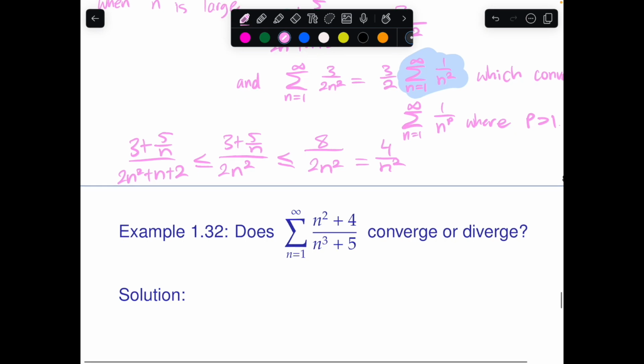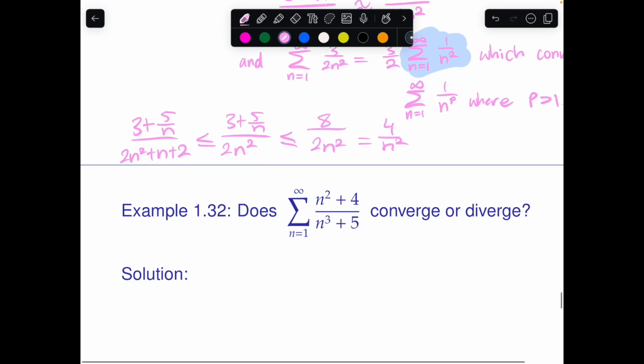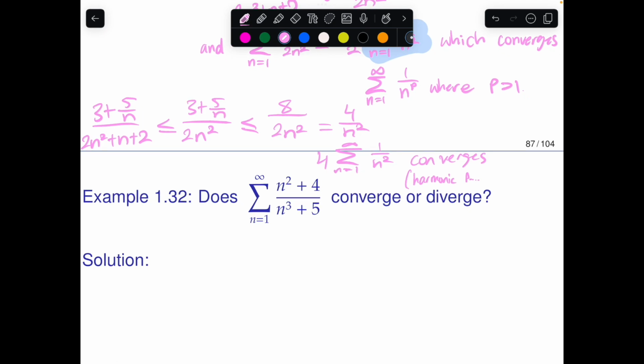And then you can go, the series for n equals 1 of 4 over n squared converges, and then you can justify it saying harmonic p series, I'm not going to type it all, where p equals 2.